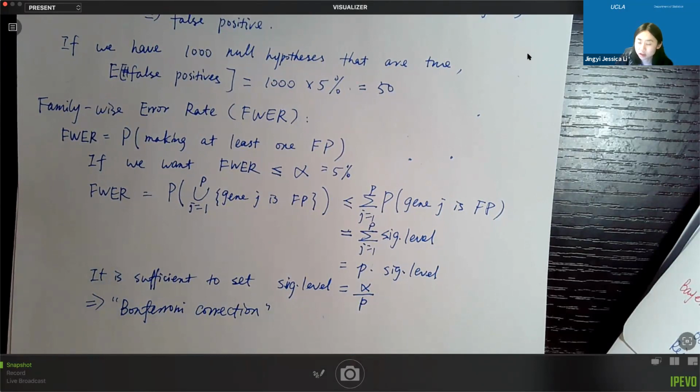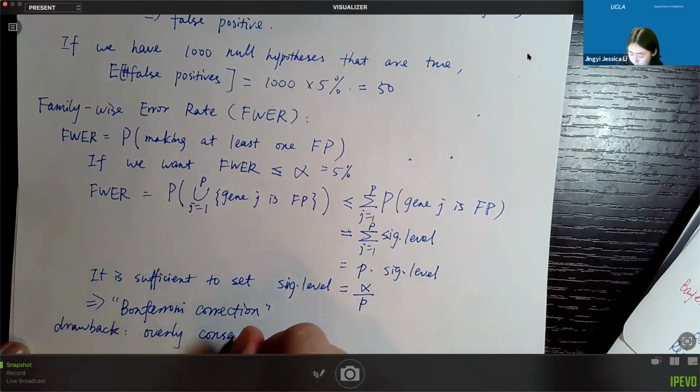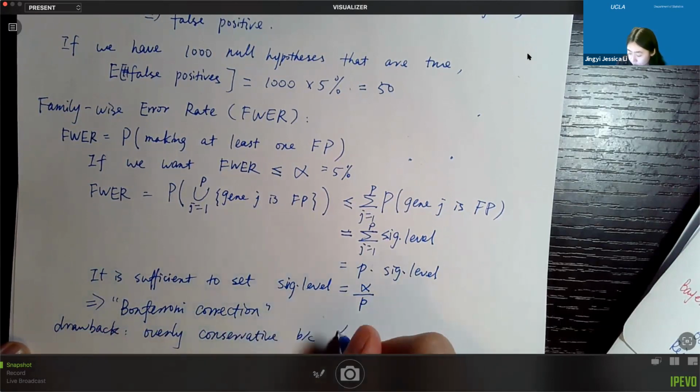That means you will not call any gene a DE gene. So the drawback is that it is overly conservative, because alpha over P is very small.